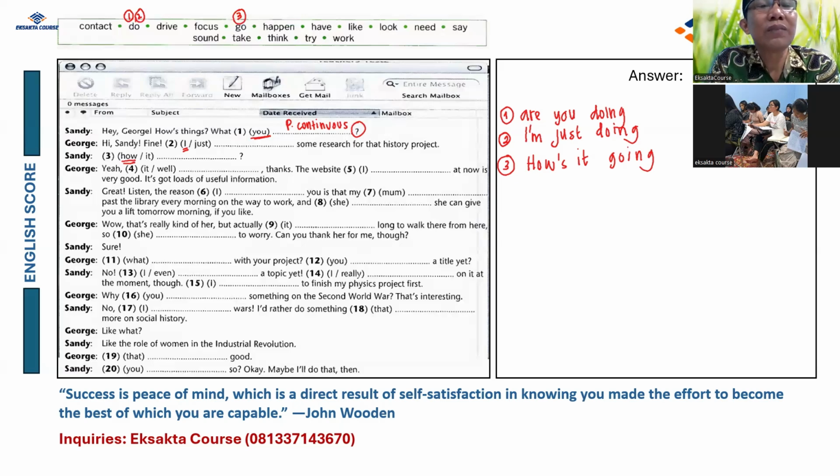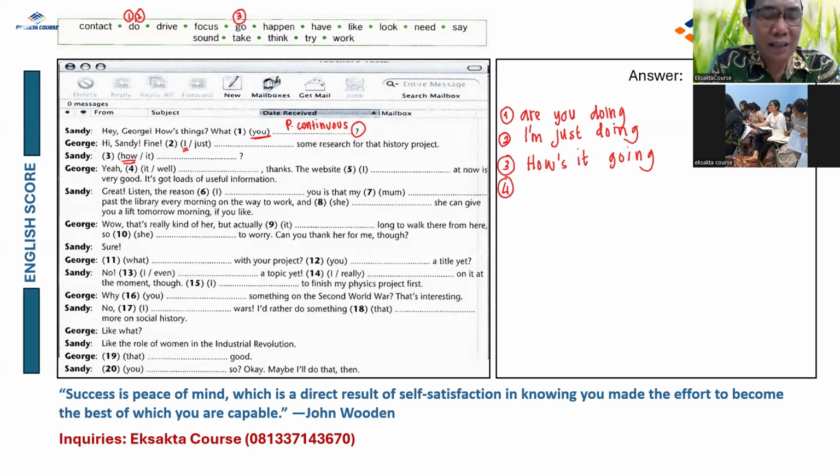Number 4. Look at the box above. There are contact, do, drive, focus, go, happen, have, like, look, need, say, sound, take, think, try, work. So we take the verb from the box for the blank in the conversation or dialogue. Now we continue number 4.